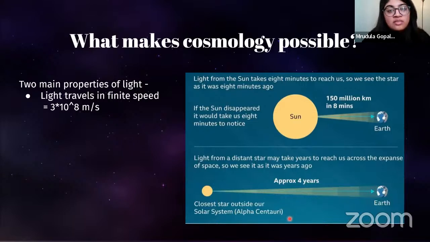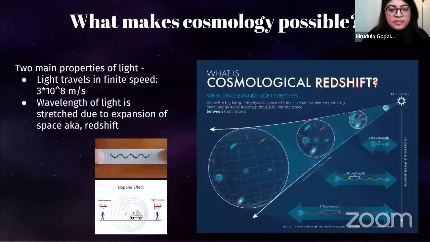We take advantage of this: to observe the universe in its past, we just look at objects that are further away from us. So this is one of the properties.